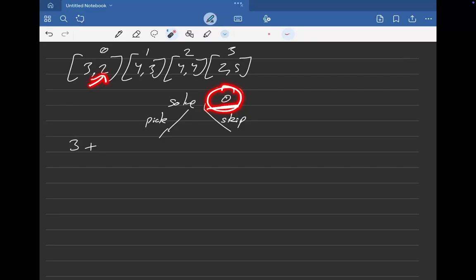Then the next two indexes are inaccessible. So 0 plus 2, these two next indexes are inaccessible. So we will jump i plus that many indexes plus 1. So we are on the third index.